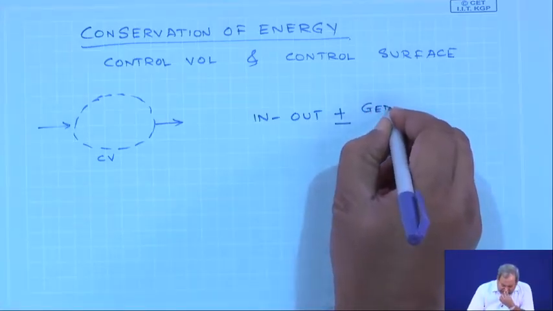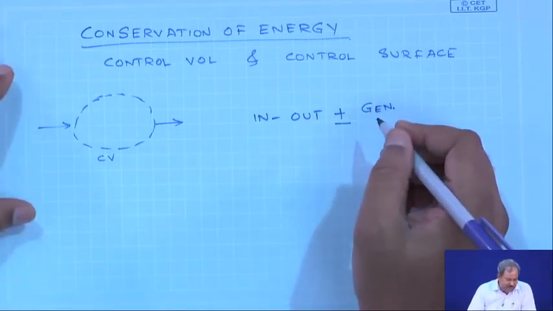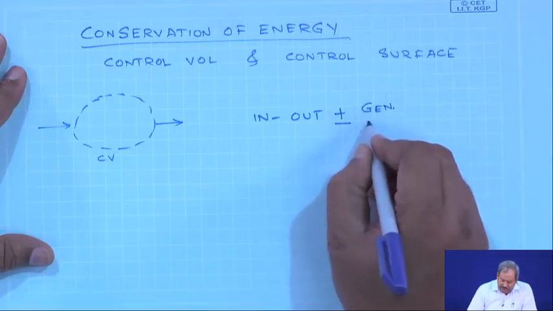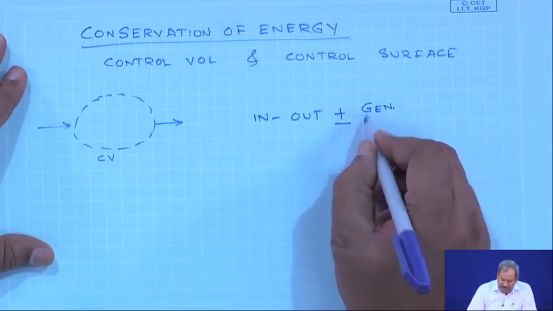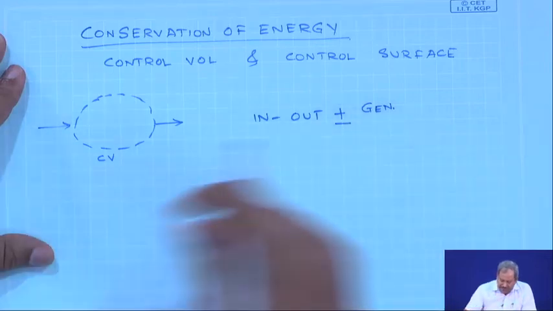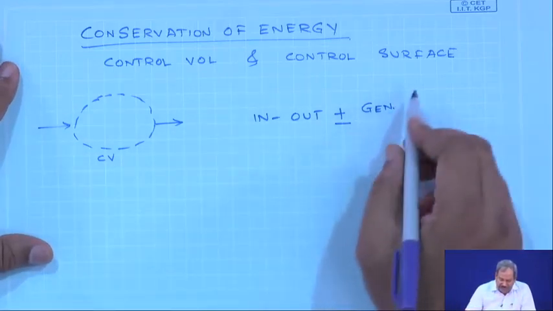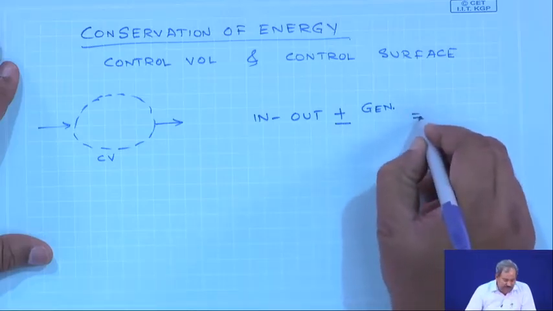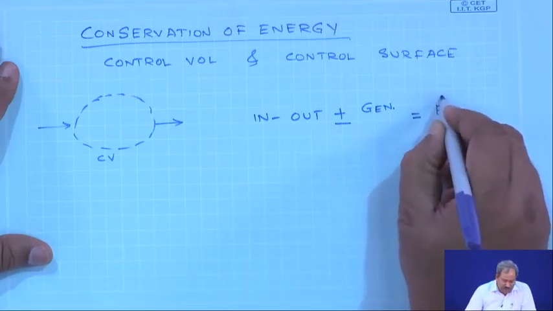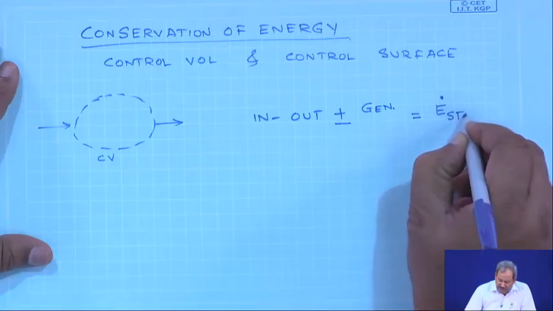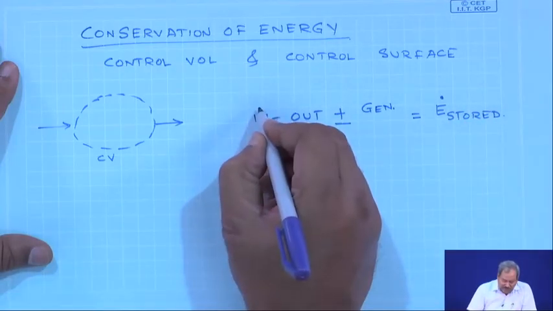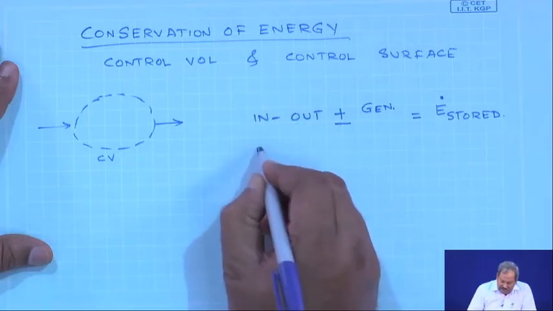Plus is for when energy is generated inside the control volume, and minus when there is some depletion of energy inside the control volume, and we will see examples of that. So, this must be equal to the time rate of change of energy stored.